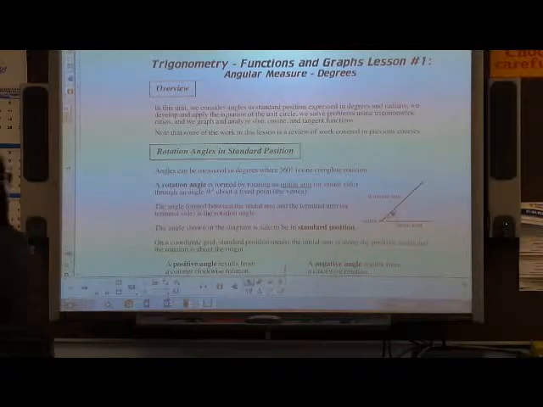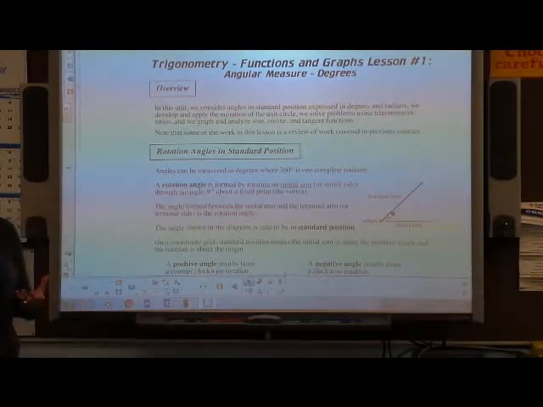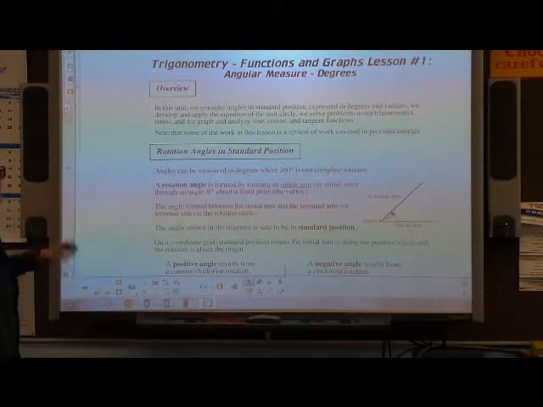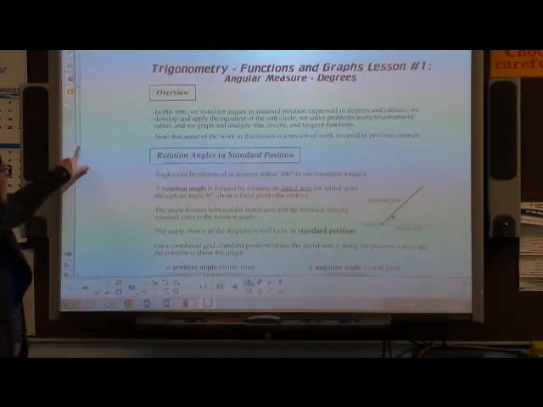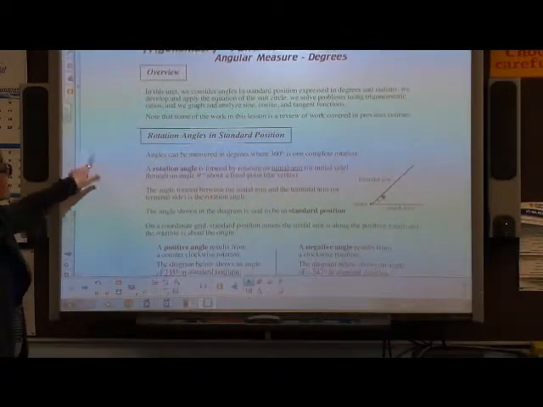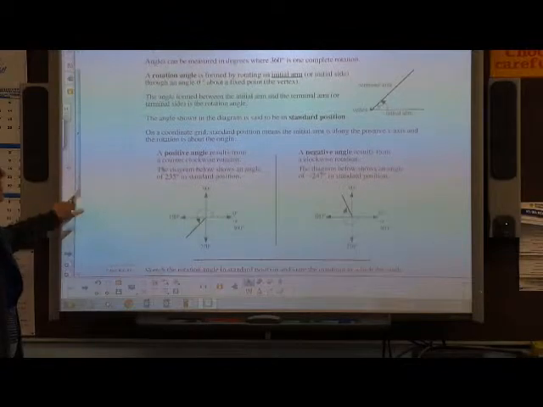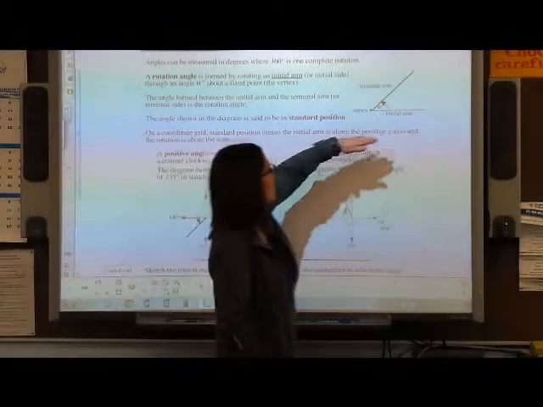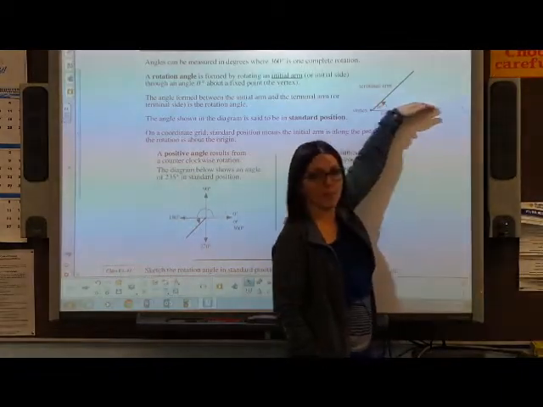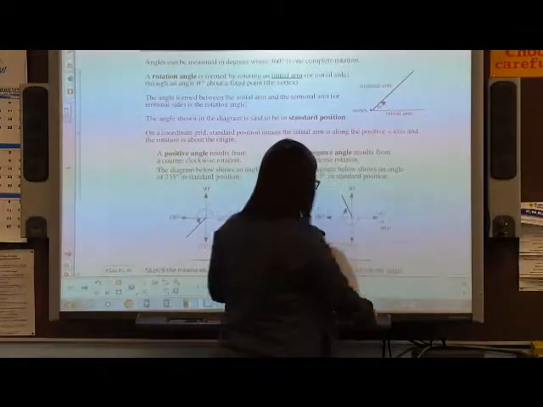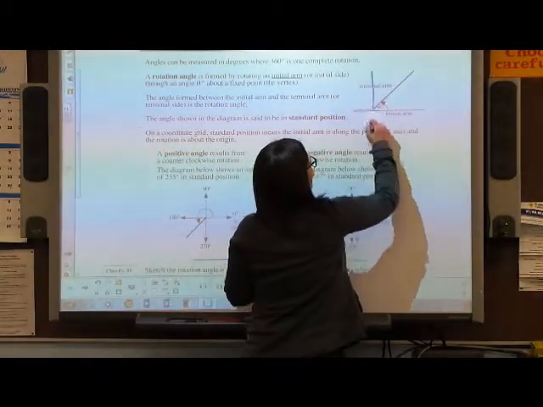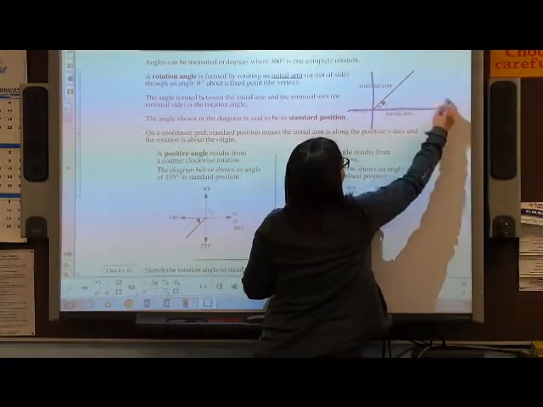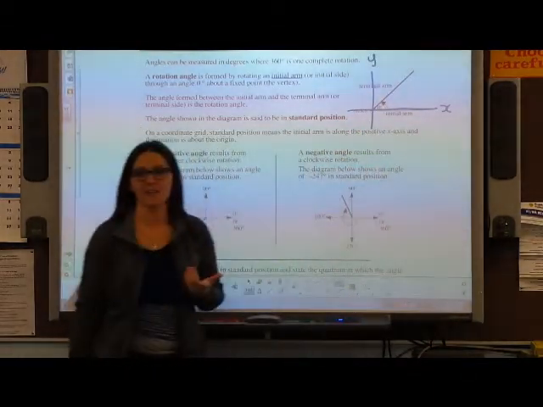So in this section, we're going to look at angle measurements. We're going to look at degrees. Angles can be measured in degrees, where 360 degrees represents one complete rotation. When I'm creating an angle, I have this initial arm, this starting point, and this starting point actually matches up to a coordinate axis.